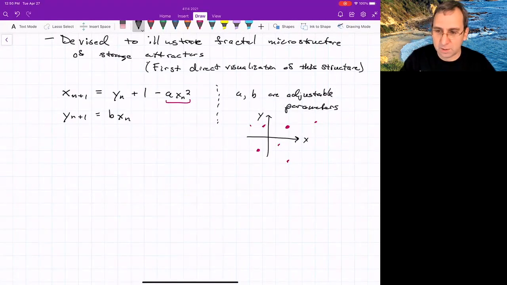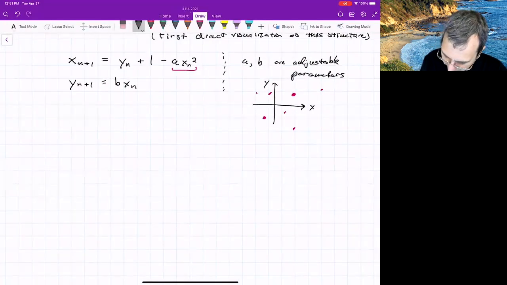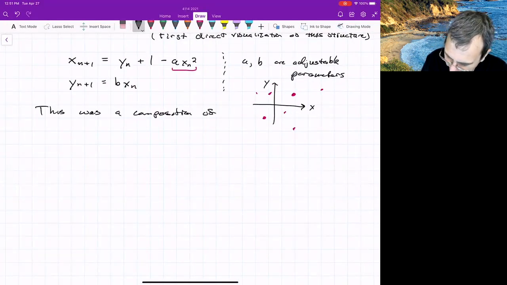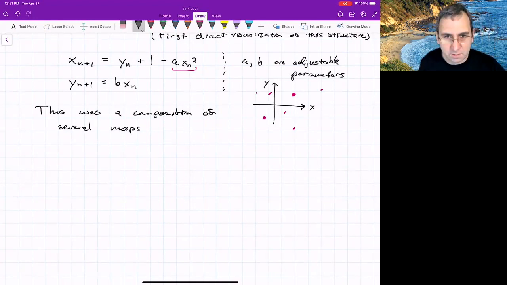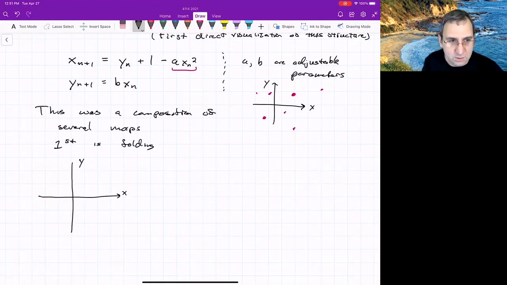So this is how he obtained this. He reasoned that he wanted, like we said, stretching and folding, and then reinjection. So here's the idea. This was a composition of several maps that each have a particular function. The first one was folding. We take an initial, in this case, let's think of a rectangle in x and y. And I want to color things.